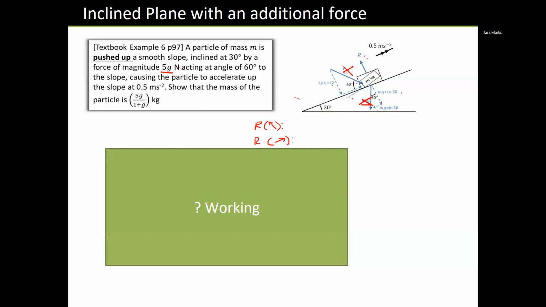So all of the forces acting away, so that's just R. Any other forces acting away? No. So what can we say here? Well, it's still in contact with the plane, so it must be equal to the down forces. So that's that force there, which is 5g sine 60. And it's this one here, that's mg cos 30.